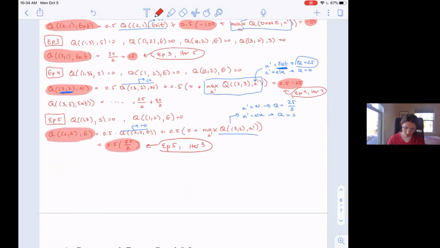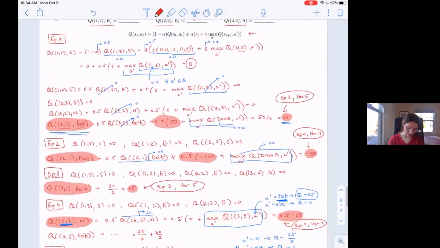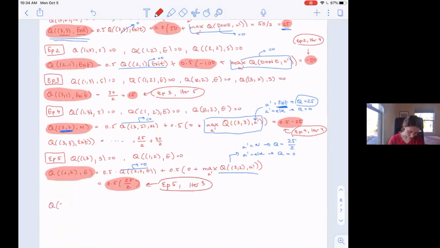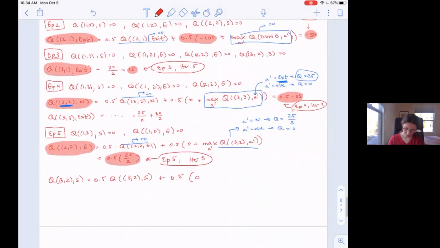What about the next state here in our list? So we have 3, 2, and south. So we want to update Q of 3, 2, south. 0.5 times our old Q of 3, 2, south, plus 0.5 times our immediate reward, just still 0, plus max over A prime of Q of the next state.